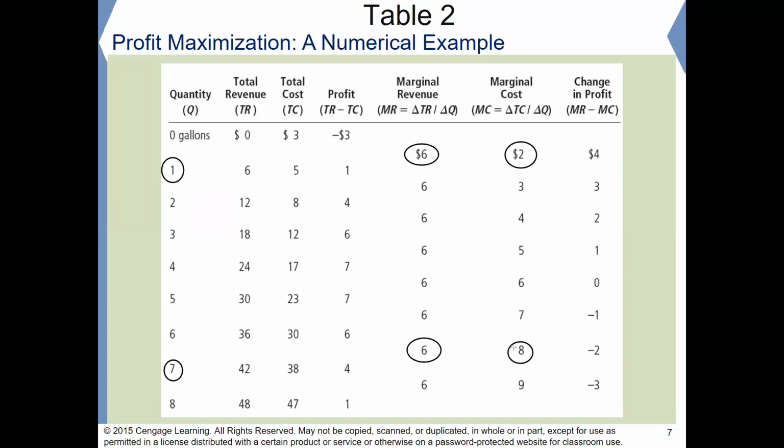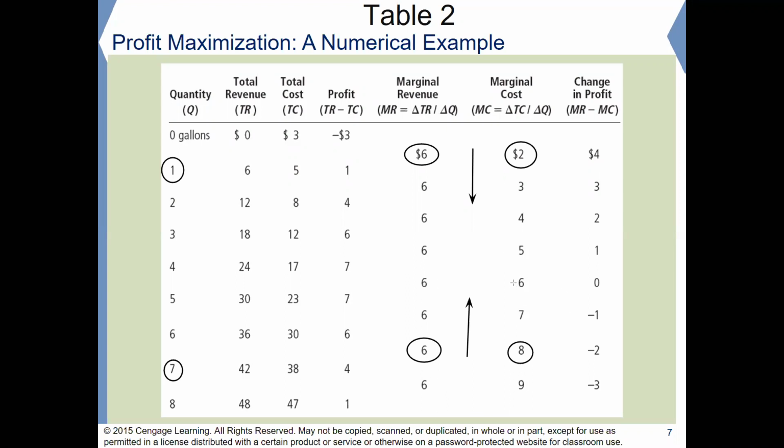Otherwise, if it keeps increasing the production, it will incur more total cost. That will bring less profit. So from here they should increase, and from here they should decrease the production. However, we should reach the point where the marginal revenue is equal to marginal cost.